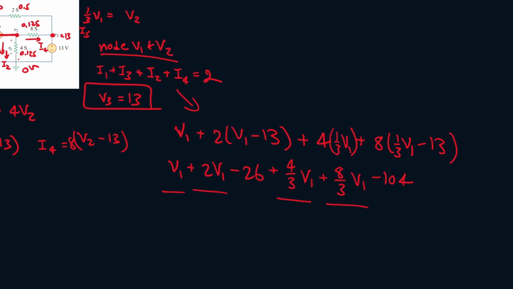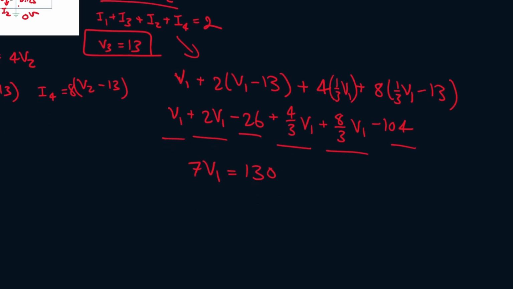So 1 plus 2 plus 4 over 3 plus 8 over 3. That's 7 V1, and let's collect the other like terms. So minus 26 minus 104. That's minus 130. Let's bring it to the other side because this is equal to 0. So it's equal to 130. Divide both sides by 7. V1 is equal to 18.6 volts.